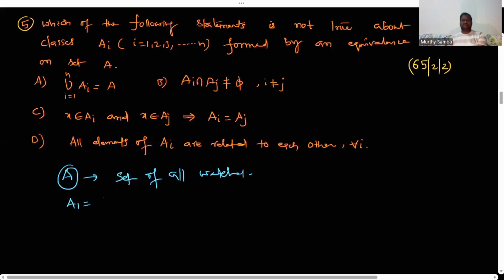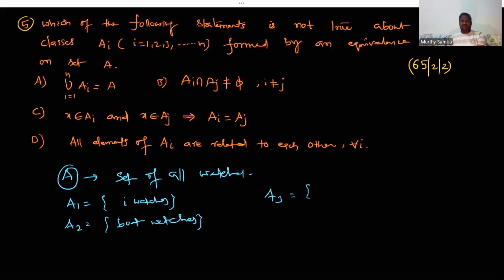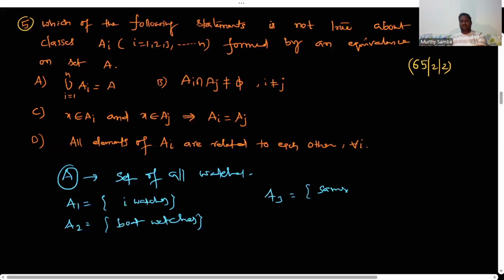This first set is the set of all iWatches. And A2, I am taking the set of all boAt watches. I am taking different companies. And A3 is equal to some other company, the set of all Samsung watches.